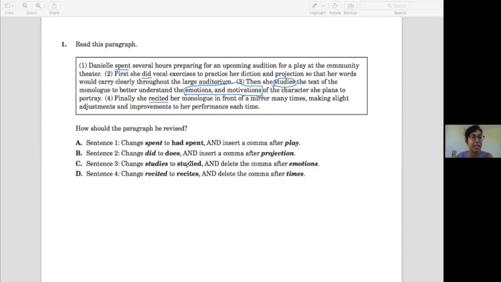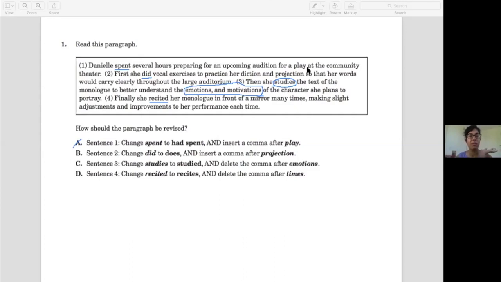Okay. Danielle had spent several hours preparing for an upcoming audition for a play at the community theater. So I don't think that's right, because we don't need to change this verb to whatever this would be called. I think it's past perfect or something. And we don't need to separate at the community theater from the rest of the sentence with a comma.